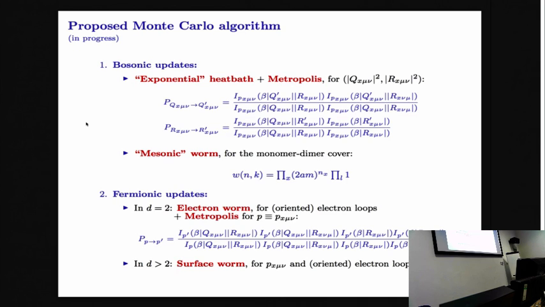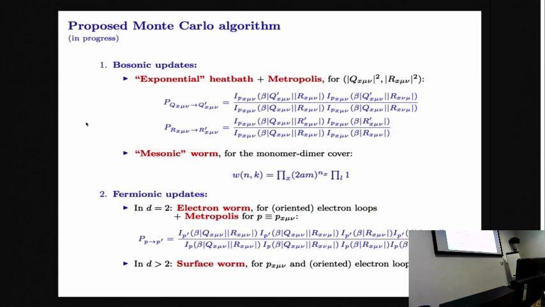Our Monte Carlo algorithm that we're working on at the moment will be a little bit more complicated than in the previous case, but since there is no bosonic sign problem, we only have to reweight with respect to the fermionic sign, which we cannot expect to solve at the moment.